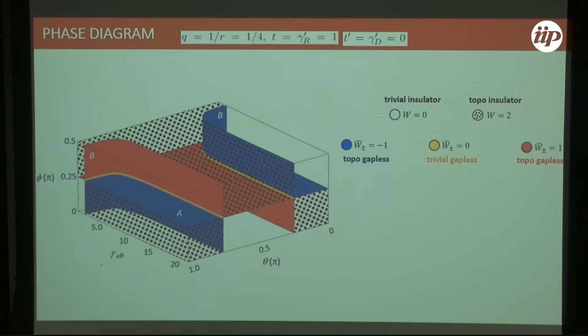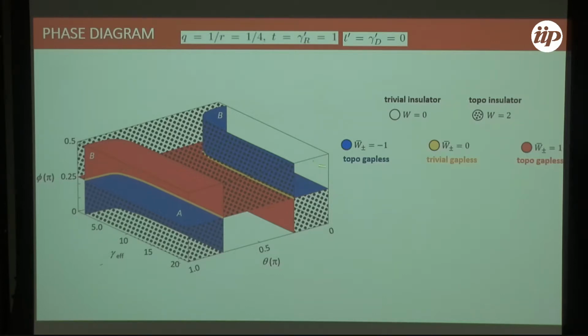And this winding number, which here I call W, takes the value 0 on these big chunks here, which means that in these regimes of the parameter space, my system is a trivial gapped insulator. For the dotted regions, I also have a gapped system, an insulator, but a topological insulator. And these two types of insulators are separated by critical surfaces where the gap closes.